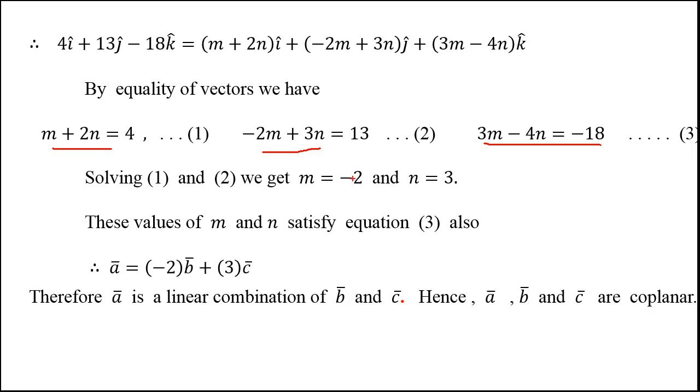We verify that m is equal to -2 and n is equal to 3. 3 into -2 is -6, and n is 3, so -4 into 3 is -12. -6 plus -12 is -18, means values of m and n which are obtained from first two equations, these two values, they satisfy third equation.